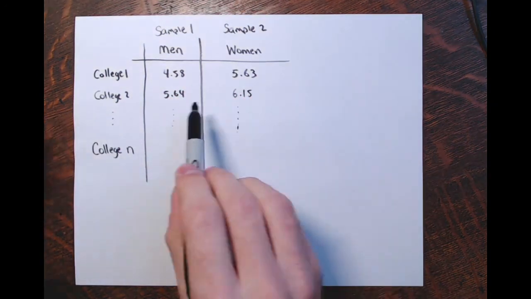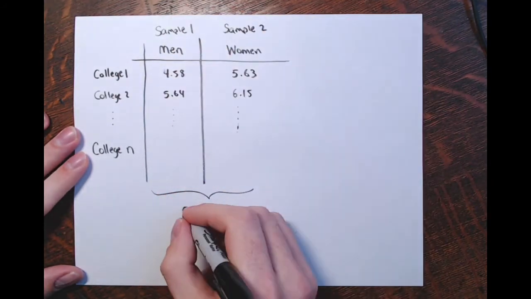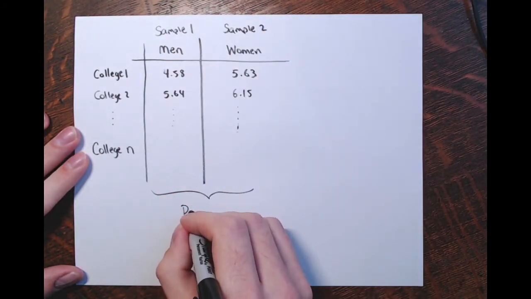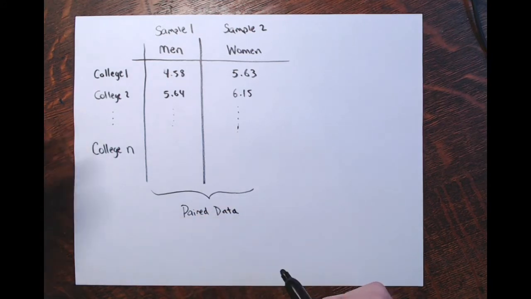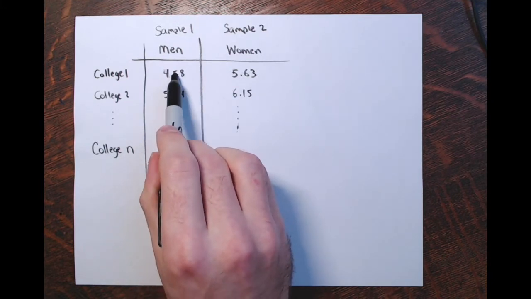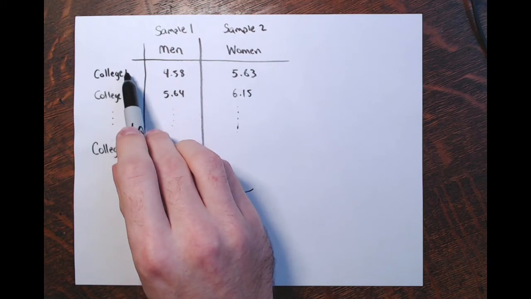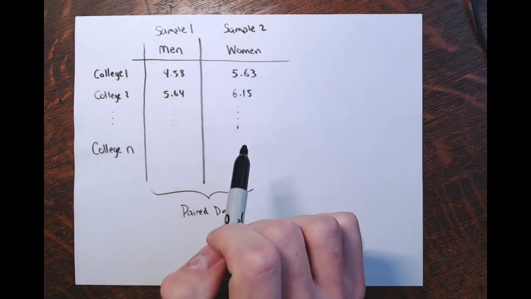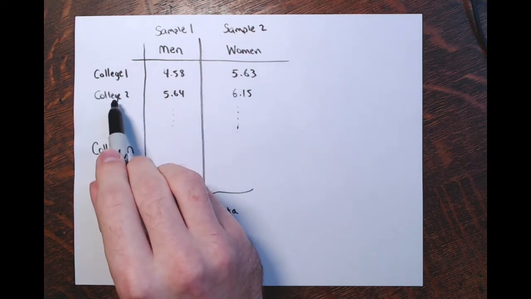Now again, these 2 samples of values are definitely paired. They're paired data, they're dependent samples. The reason is that you can't just switch values. This pair of values is related to that first college, and I can't change those numbers with any other row. Same thing, this pair of data is related to the second college.